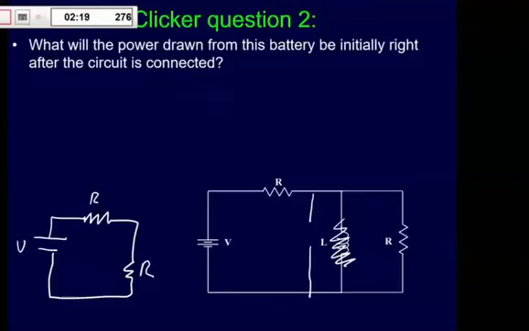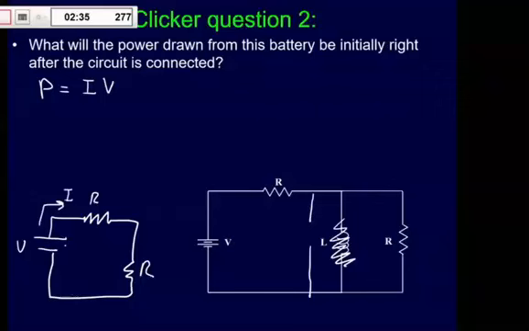And so then, what do we got to do? Well, this is a little bit trickier, so this is good. The power drawn from the battery is the current times the voltage. The voltage is just V, and so we have to find the current. Well, in this case, that's not too bad.